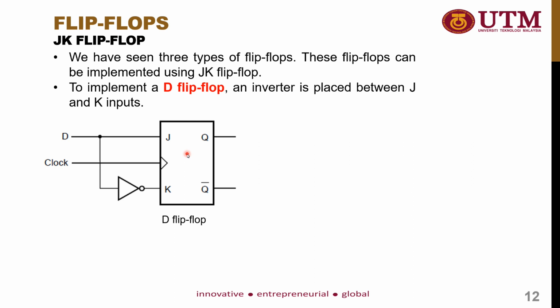Because a D flip-flop only has 2 inputs, which are D and also clock, and a JK flip-flop has 3 inputs, which are J, K, and also a clock.